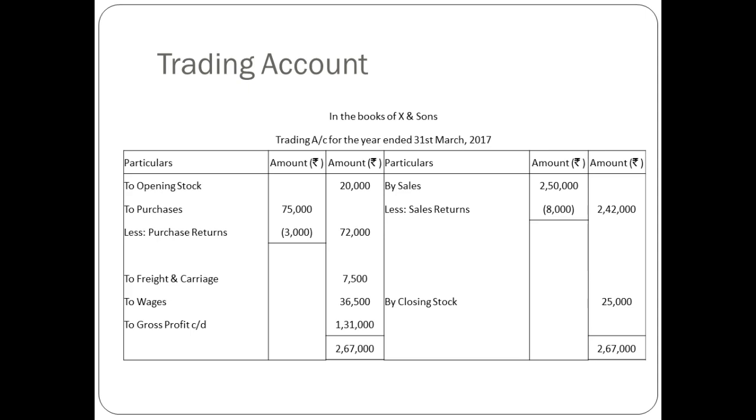On the credit side we have by sales 2,50,000, but there has been a sales return which is required to be subtracted from the sales figure, and the sales return value is 8,000 rupees, and the net sales we get is 2,42,000. Finally, closing stock is 25,000, and on calculation we get a gross profit which is carried down as to gross profit c/d 1,31,000.